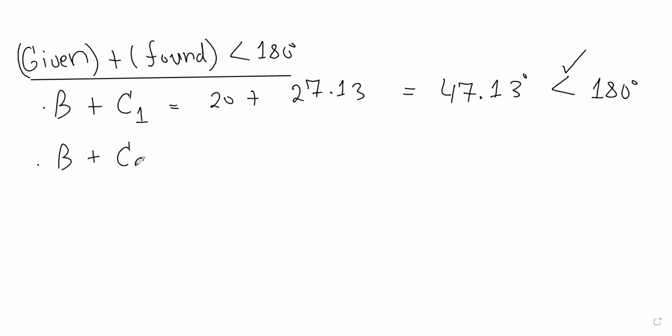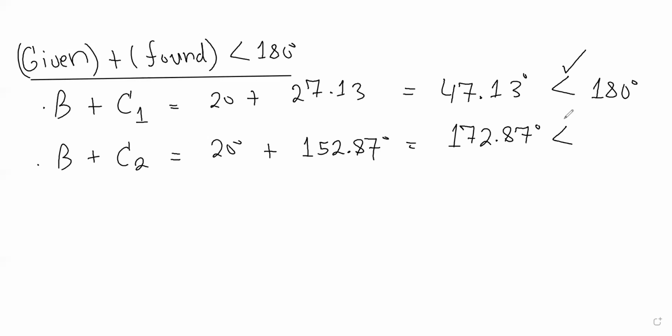Given plus found would be 20 degrees plus C2, which is 152.87 degrees, so 172.87, which is certainly less than 180 degrees. Therefore, C2 represents an angle inside a triangle.